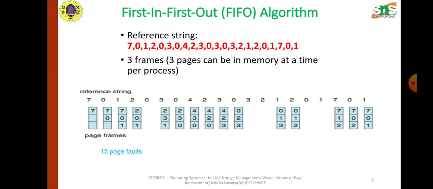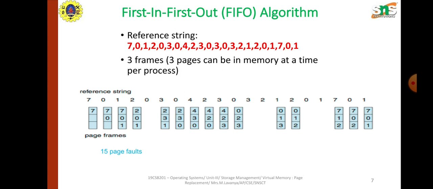Now the next arrival string is 2. The available data in the frames are 4, 3 and 0. Comparing these three values, 3 is the first arrived data. So we are replacing 3 with 2. Then a new string 3 arrived, but the available data are 4, 2 and 0.